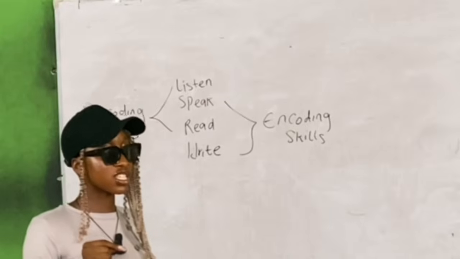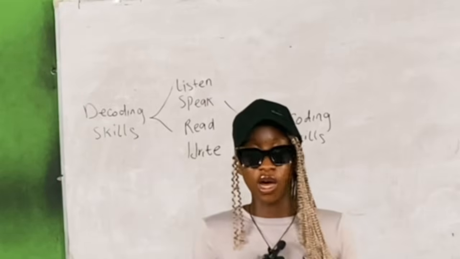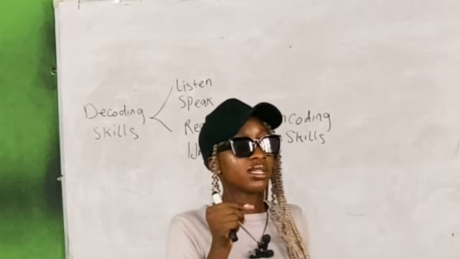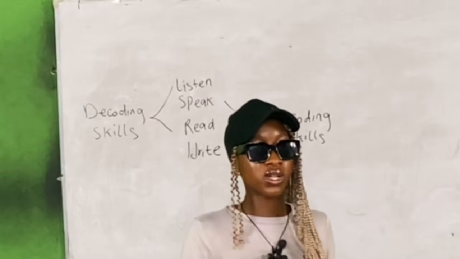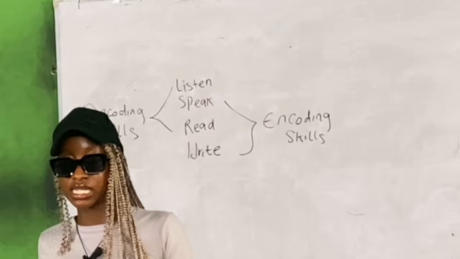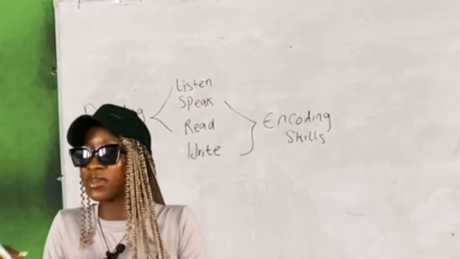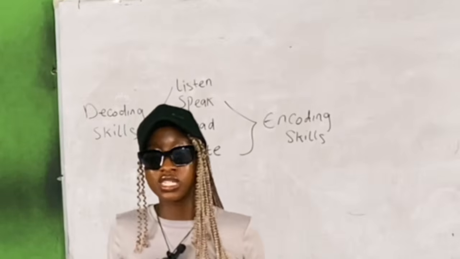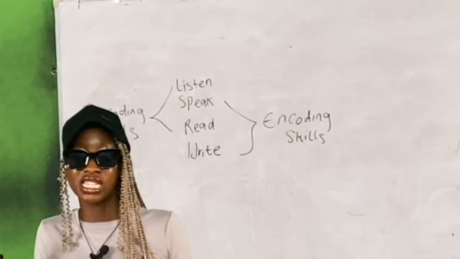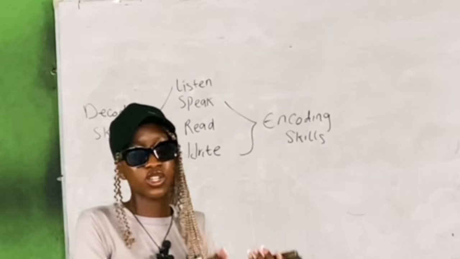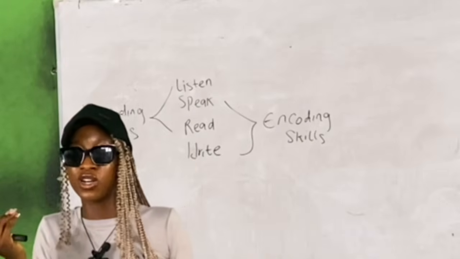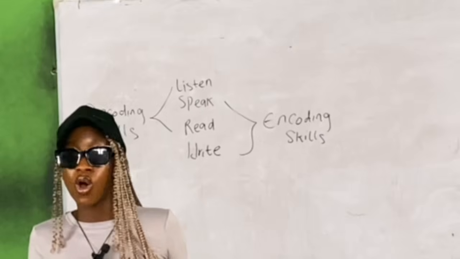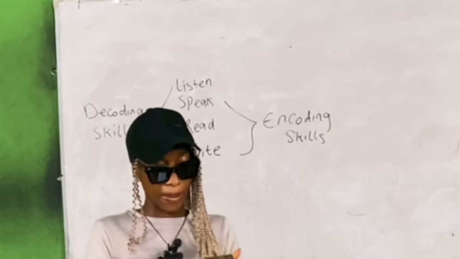If you go home and your mom is speaking a different language like Yoruba or Igbo, maybe you're not fluent with it, but because you have critical listening skills, you already have a little knowledge of Yoruba. When you apply your little critical listening skills, you'll be able to understand what she's trying to say. Do you understand what I'm saying?